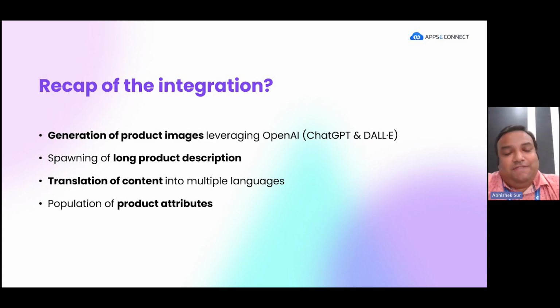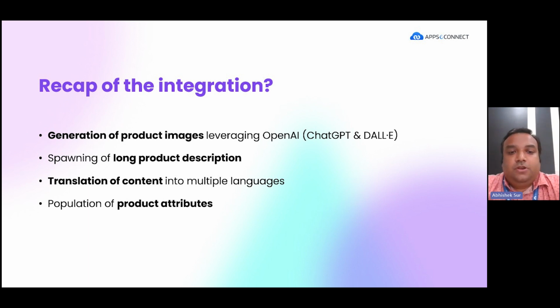Yeah, so if we recap the integration that I have just shown you: the generation of product images leveraging OpenAI. We have connected to the OpenAI APIs to generate the product images. We have also shown how to call an OpenAI API to get the long description of the product, because we just provided the short title and it produces the long description.